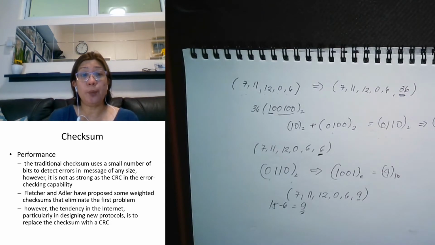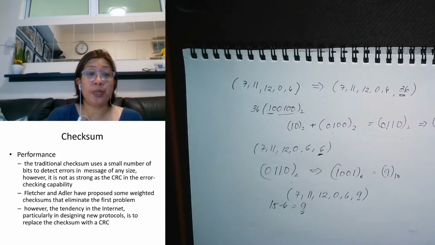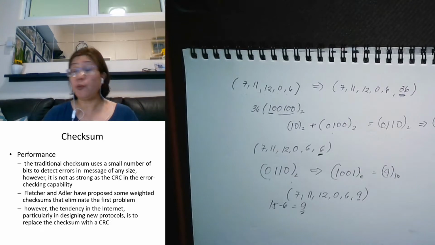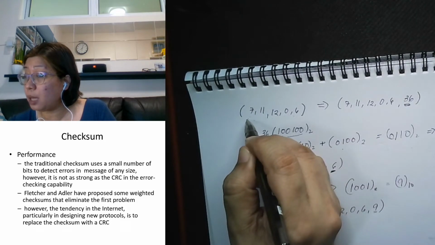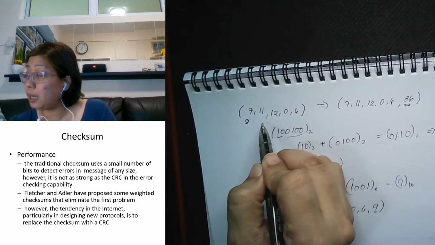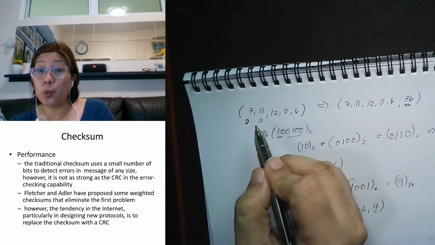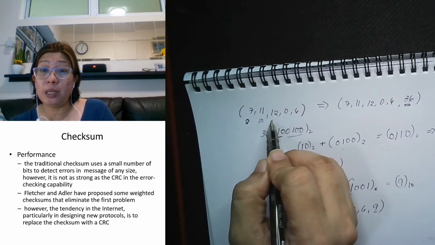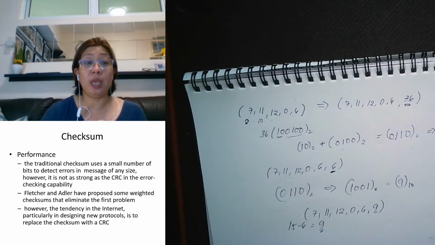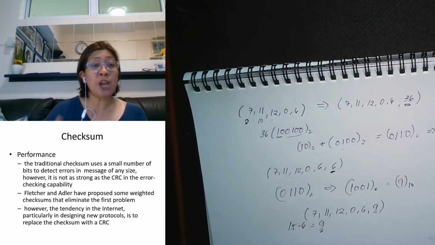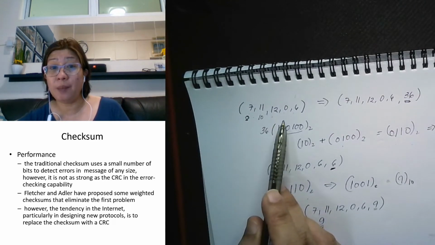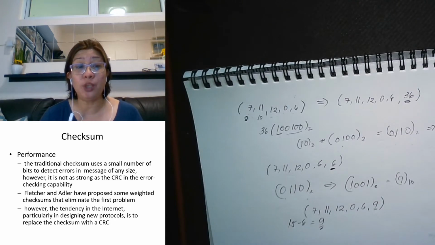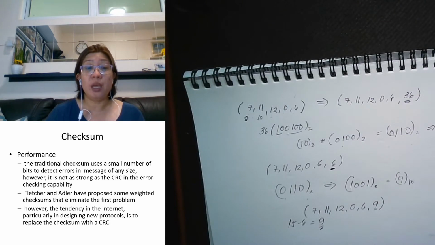For example, if the value of one word is incremented and the value of another word is decremented by the same amount, say we make this 7 become 8, but we make this 11 become 10, we increase the 7 and at the same time decrease the 11. The two errors cannot be detected. Why? Because if we get the sum, the sum will still be the same, so the sum and the checksum remain the same.